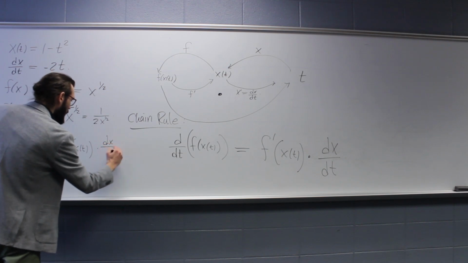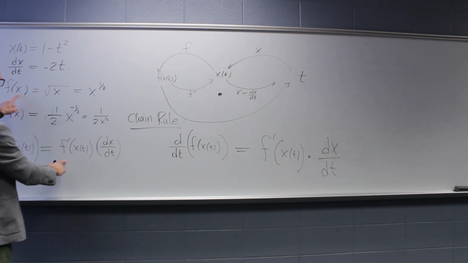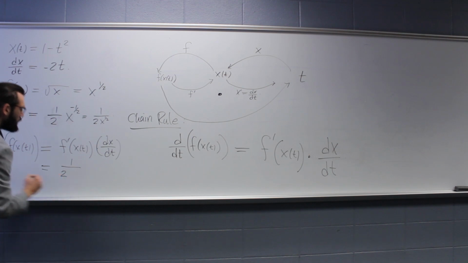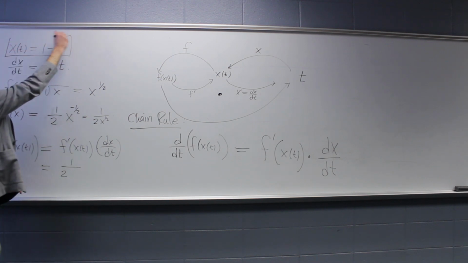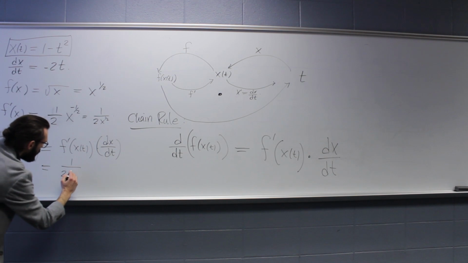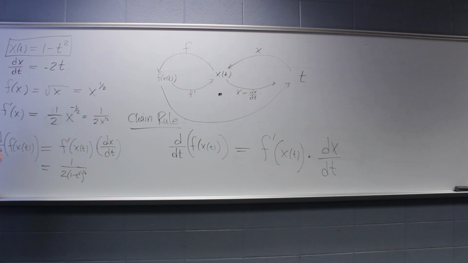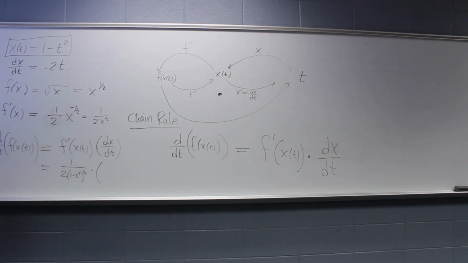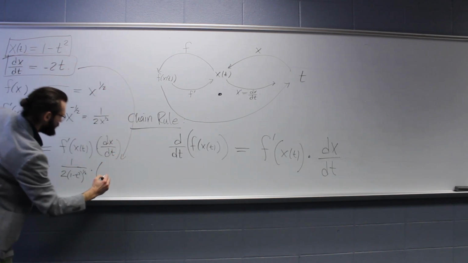Again, just writing the formula: f prime evaluated at x of t is 1 over 2 times x of t to the 1/2. What was x of t? So I'm going to put 1 minus t squared to the 1/2 power, times dx/dt, so I'm going to put that down there, minus 2t.